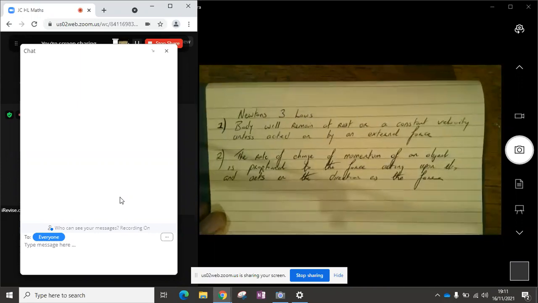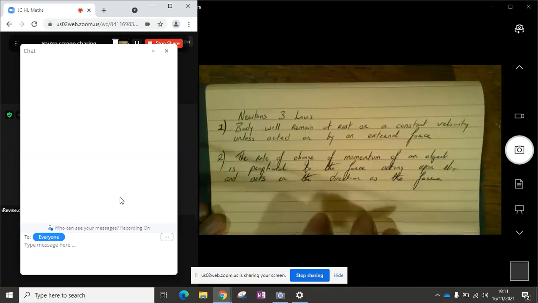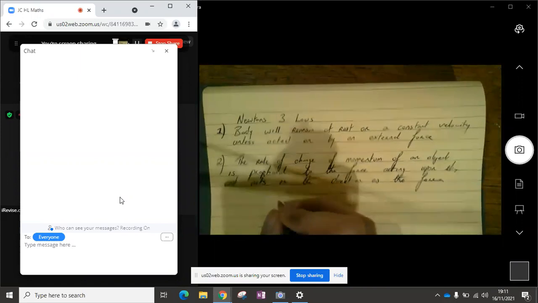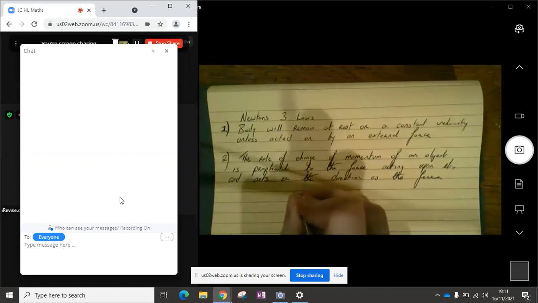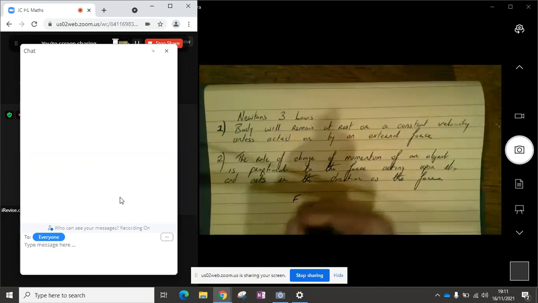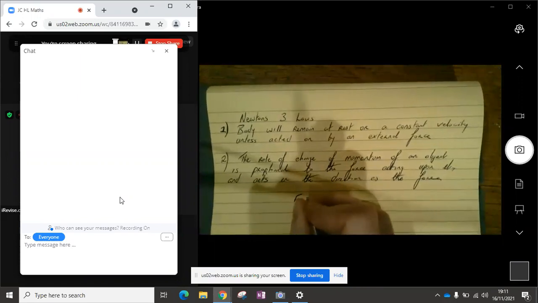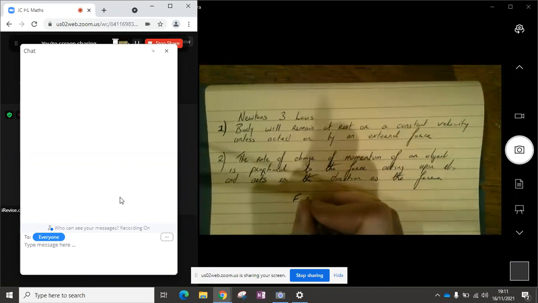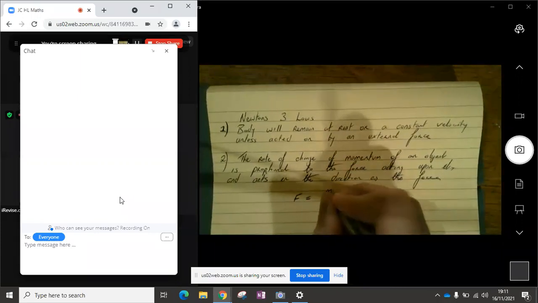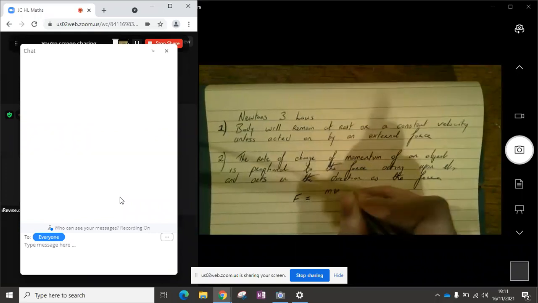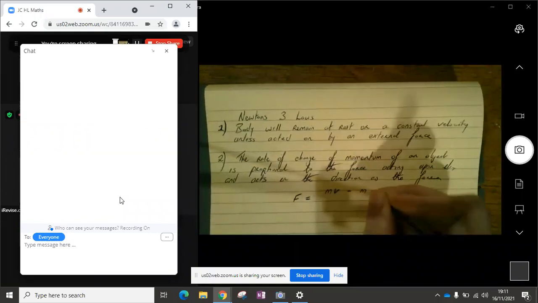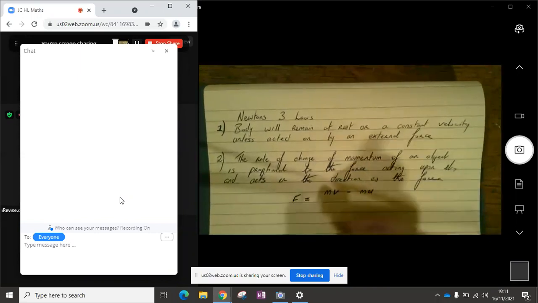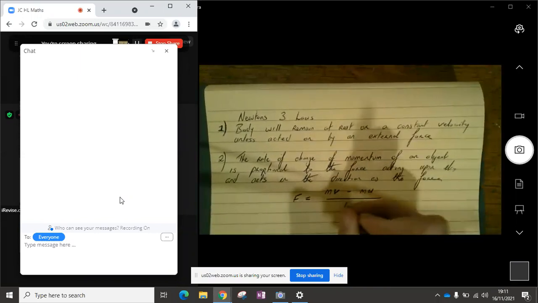Now, there's also an easy way you could say that, okay? You could really just say it using a formula, okay? So you've surely seen this formula by now. Force is proportional to mass times velocity minus the mass times the initial velocity all over time.